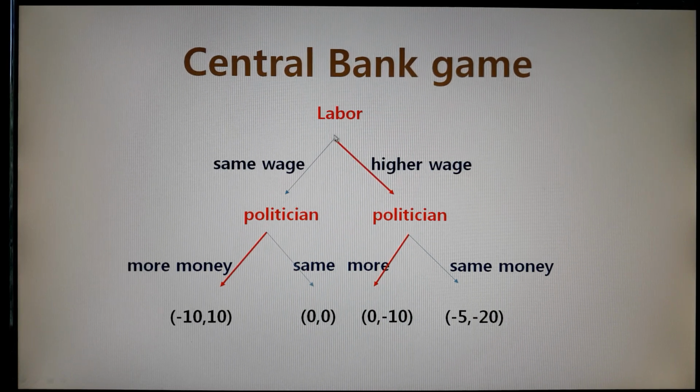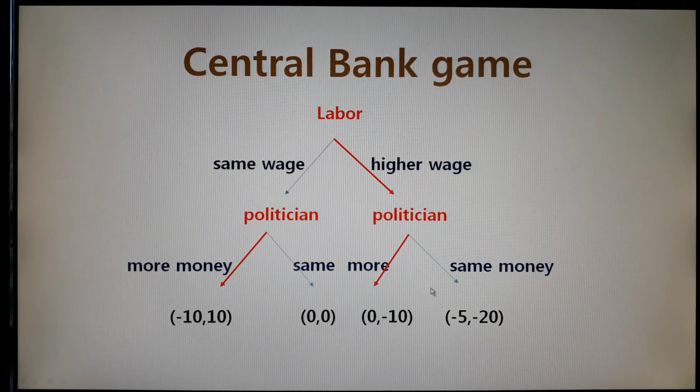Then from labor's point of view, it's the same money. If we ask for too much wage increase, it's -5. So I would let it get 0. So by changing the decision maker from the politician to the central banker, the government kind of commits itself to 0 inflation, not printing too much money.